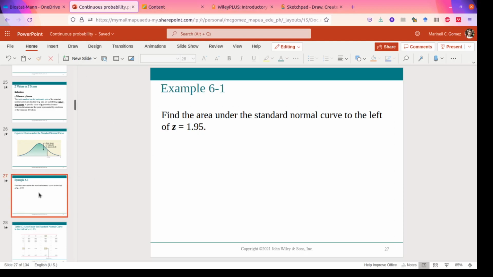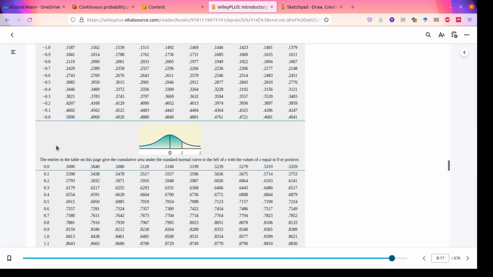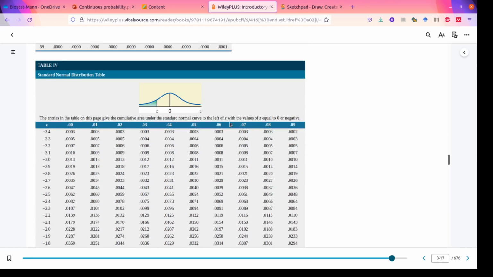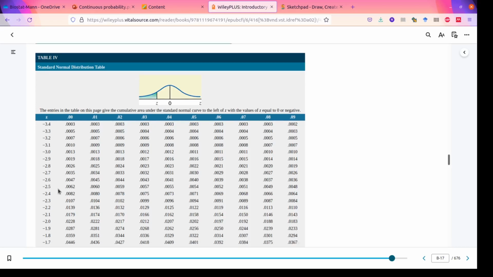Going to the table, it's similar to the table that we have. This is positive 1.95. Let's look at the slide.